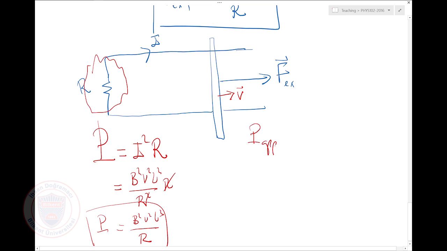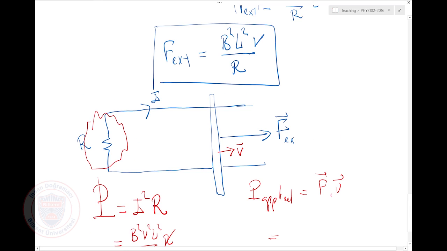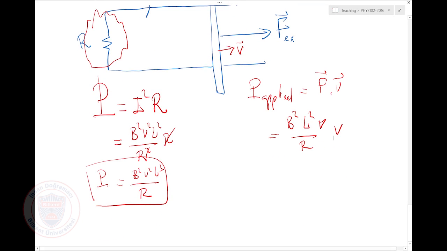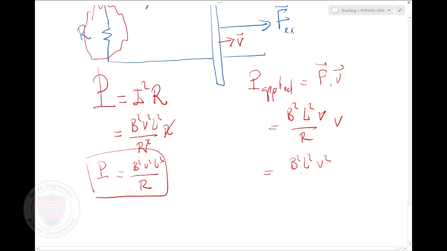What's the power applied by whoever is pulling this resistor? It's going to be F dot V, right? So what's F? It's B square L square V over R times V, B square L square V square over R.